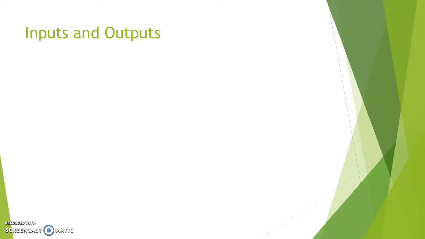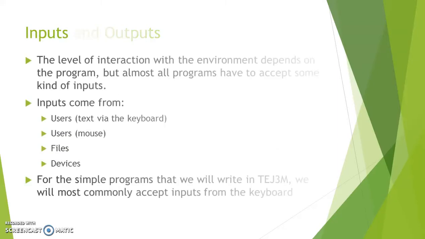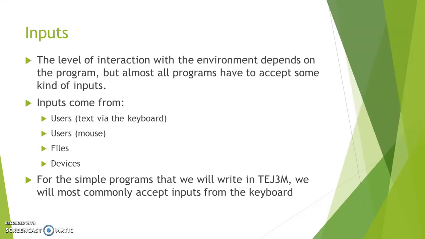So, as good a place as any to begin talking about programming is in terms of inputs and outputs. Inputs, well, pretty much any program ever has some kind of interaction with its environment. If it didn't, it wouldn't be very interesting. Pretty much any program has to accept inputs.